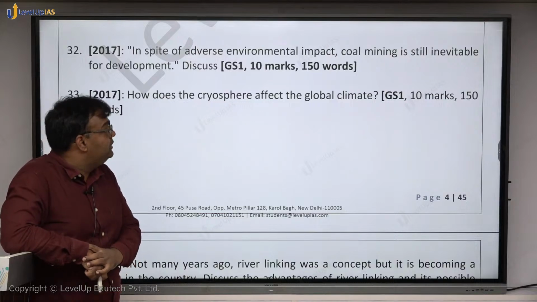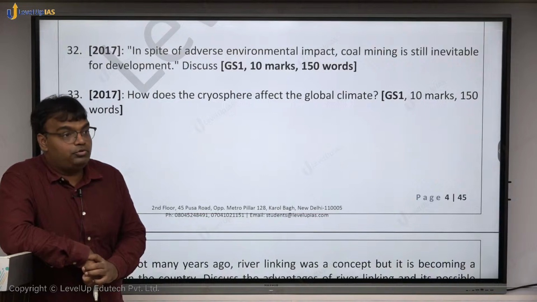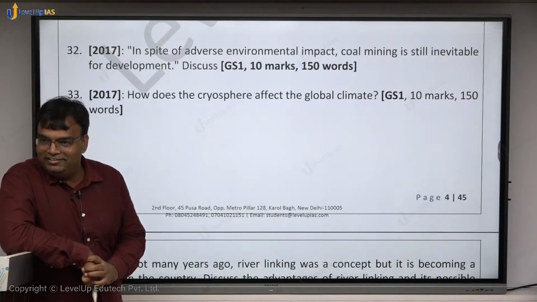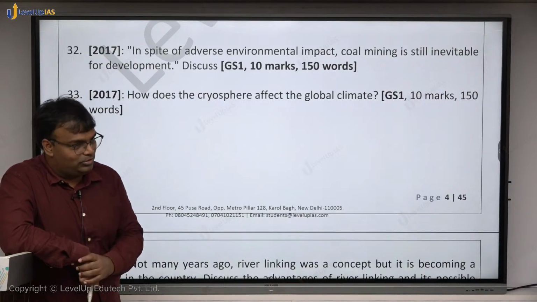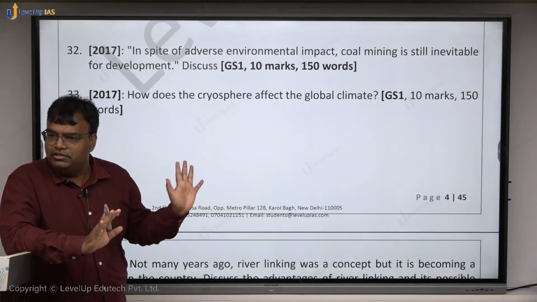So how does it affect the global climate? Right now it is a net sink of CO2 and methane, but in future it may become a source अगर climate change होता रहा, methane release होता रहा, right? This was the core aim of this question.